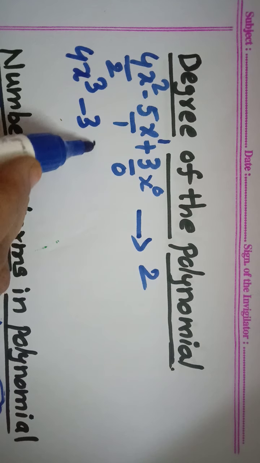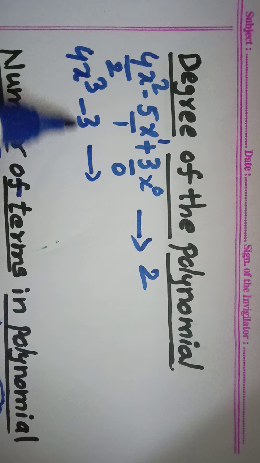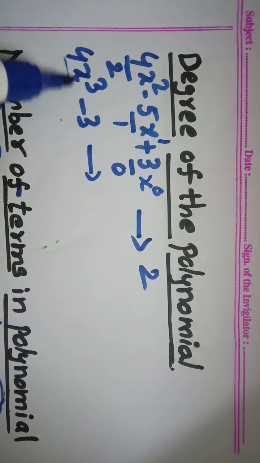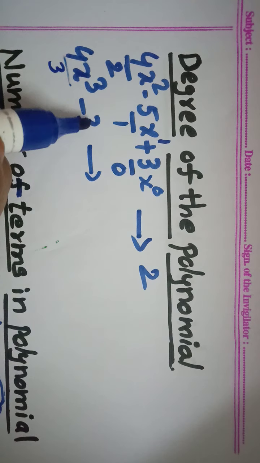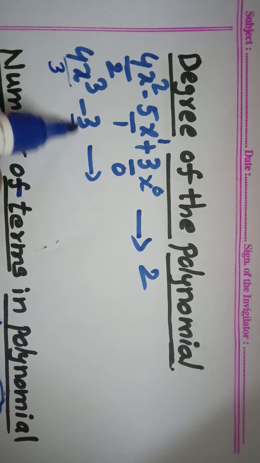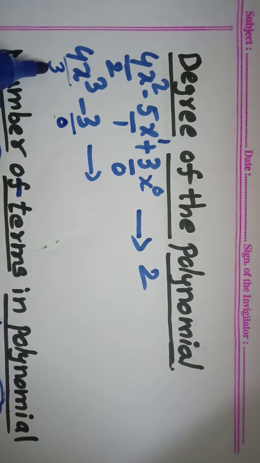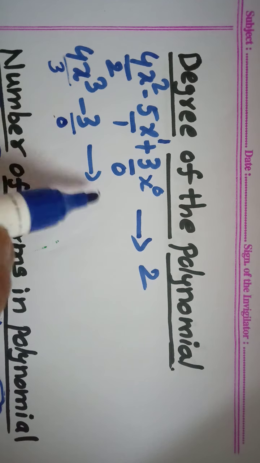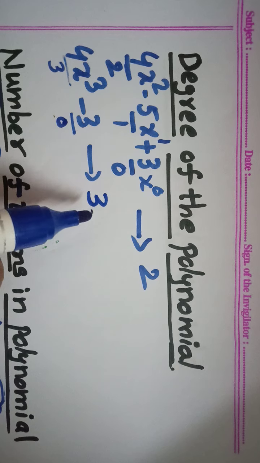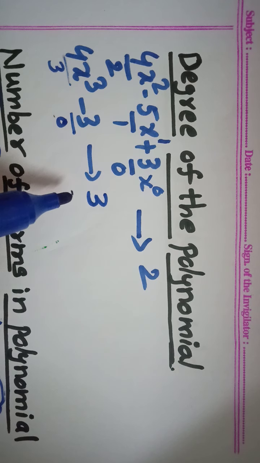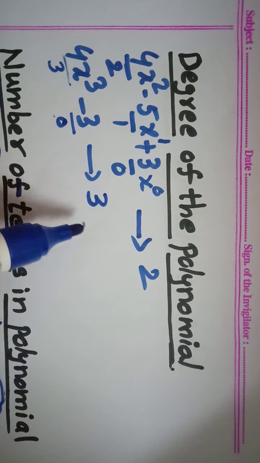What is the degree of this polynomial? 2 terms are there. In the first term the highest power is 3. In the second term, x power 0 means 0. So in these 2 terms the highest power is 3. So the degree of the polynomial is 3.